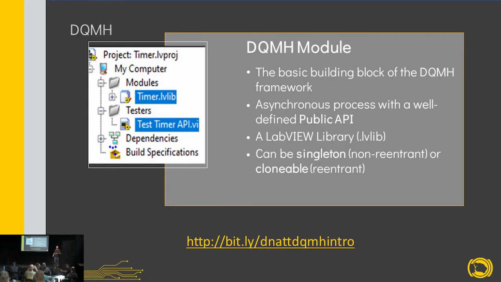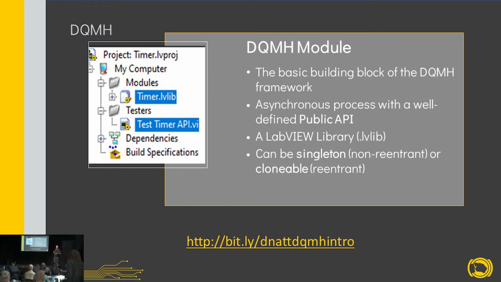DQMH is a framework. The very basic block of DQMH is a module. You can create two kinds of modules, singletons and clonables. It is related to reentrancy. A module is a LVLIB, a LabVIEW library.